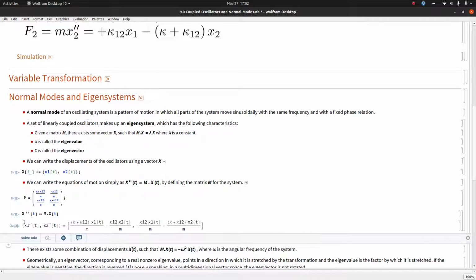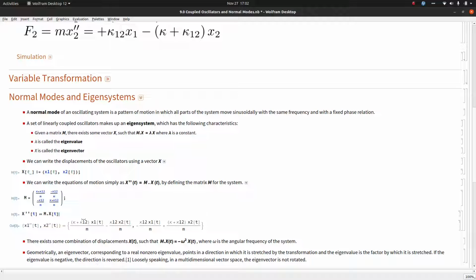And we've got a list of equations here, but the upshot is you've got the acceleration, and the mass is just over here on the other side. But the mass times the acceleration would be kappa plus kappa 1,2, x1 minus kappa 1,2, x2. So you've got the same equation of motion here, just written out in matrix form.